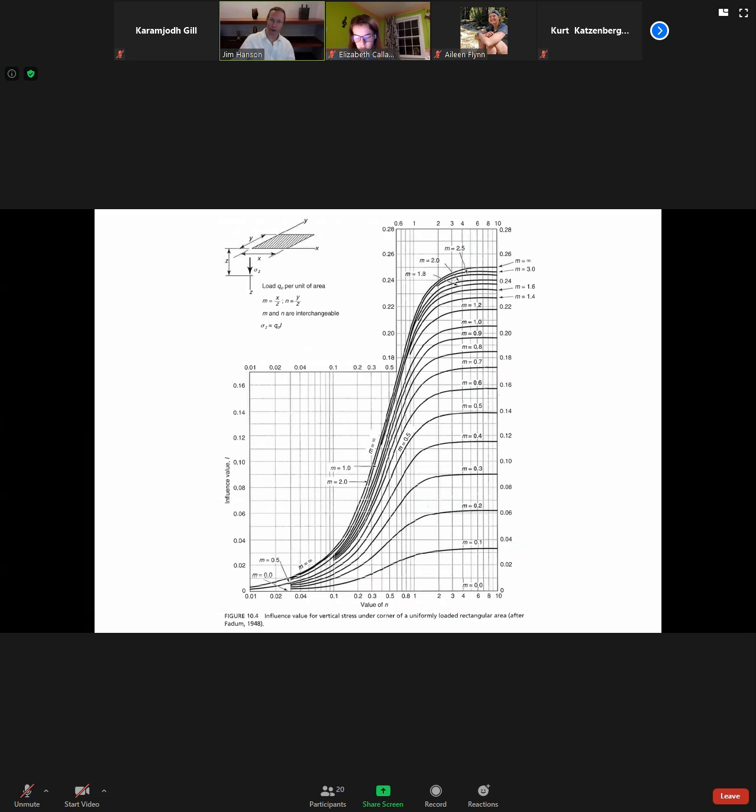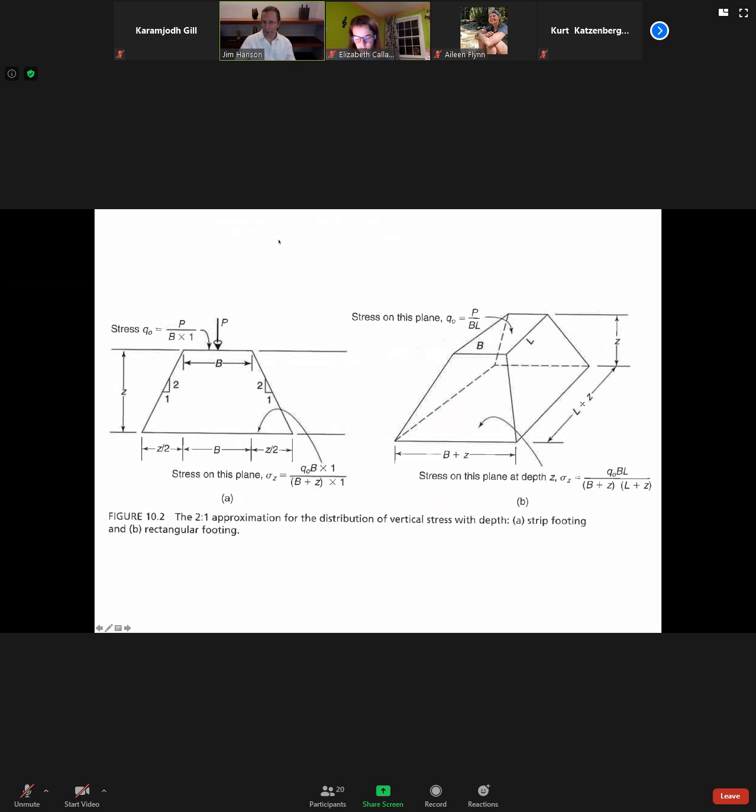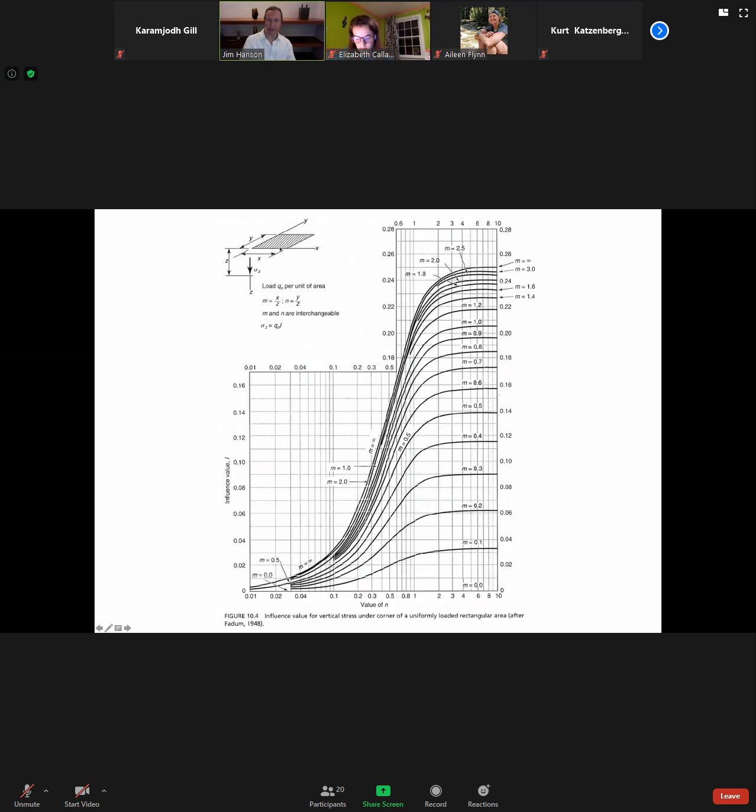As long as you're using it for that, you're fine, but you do not want to deviate from that intended use. And now we're being asked to determine the stress beneath the center of the foundation, or this loaded area, using the same chart, as it turns out.